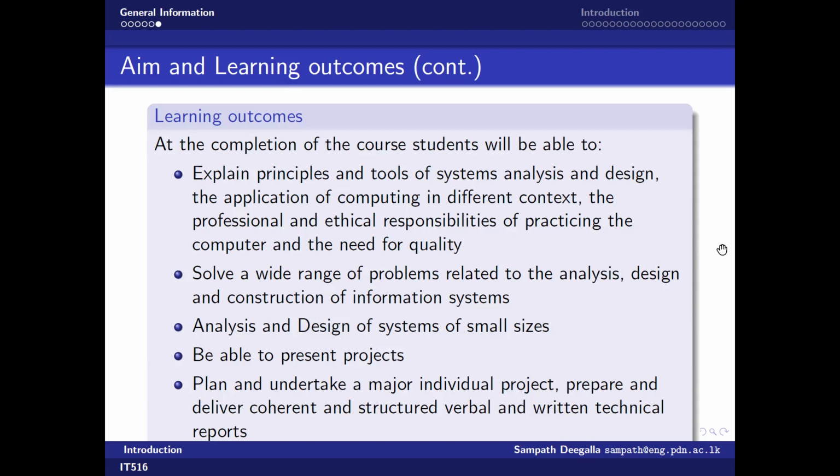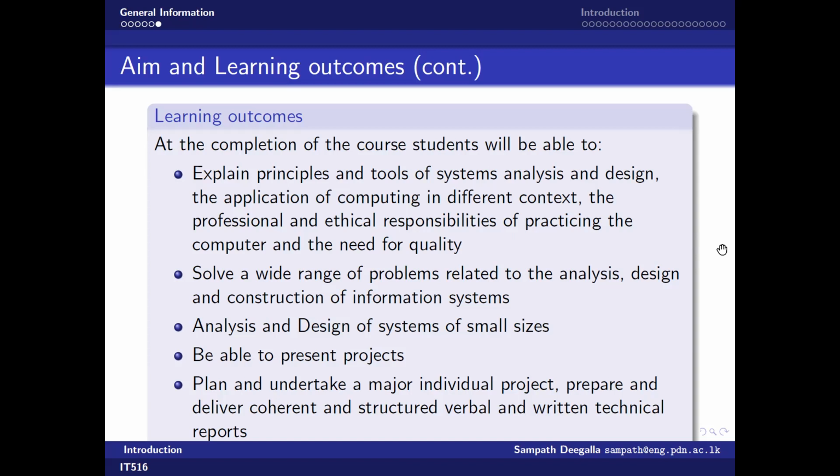Not only that, most of the time you might see a lot of application software developed in various places, but there are professional and ethical responsibilities of practice, especially when it comes to data storage. You have to consider these ethical considerations as well as, at the same time, the quality concerns.